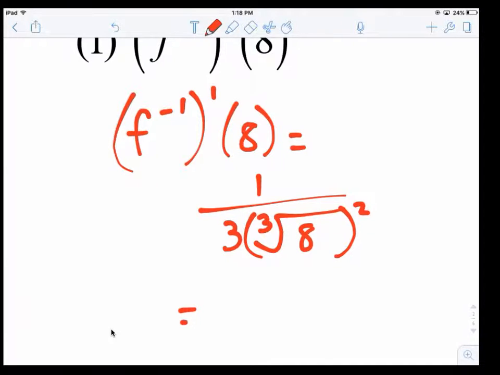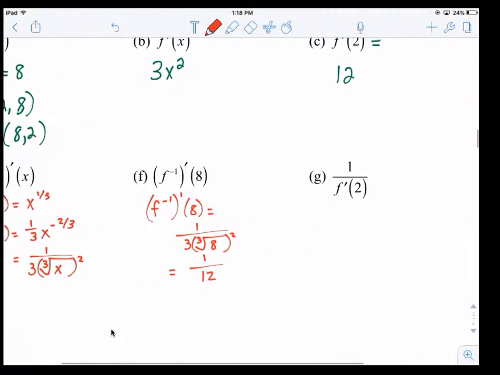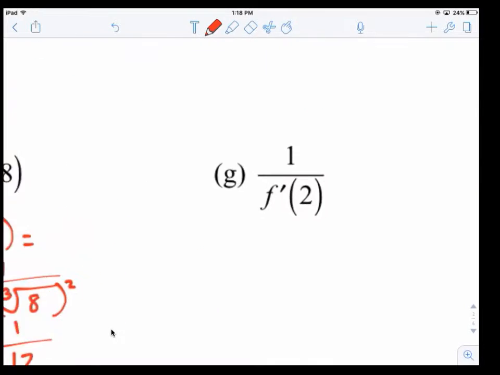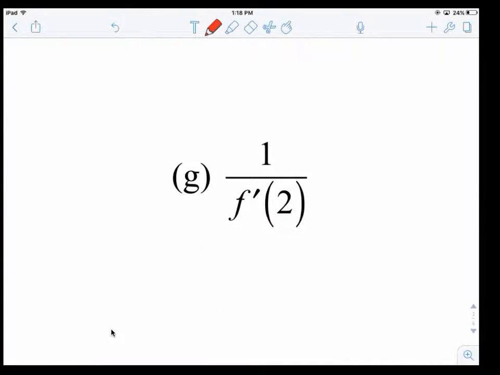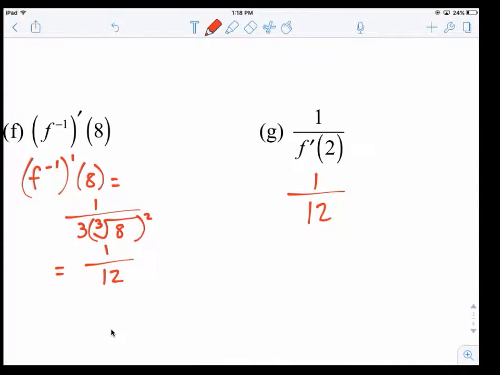What do you get? 12, right? Good. Now, what also do you get as 1 over f prime of 2? 1 over what? 12, right? So as you can see, we got the same thing.